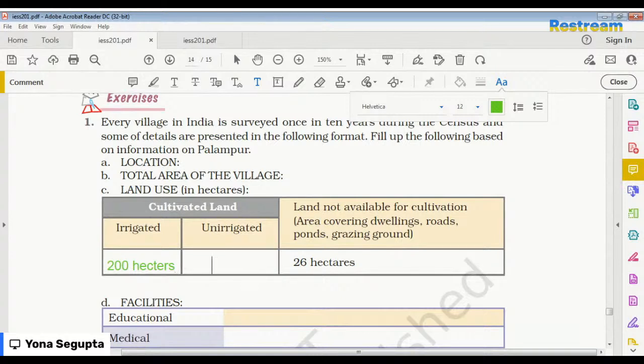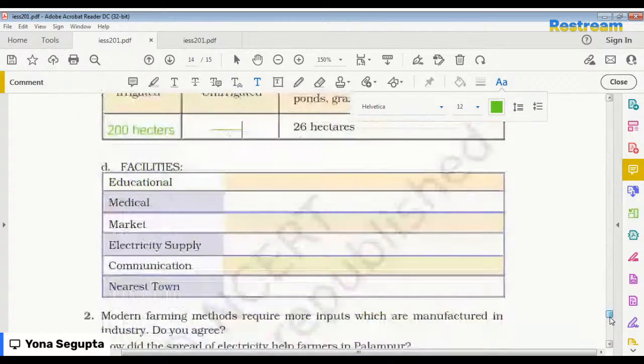If it is unirrigated, how will we know? These lines mean that we still don't know.